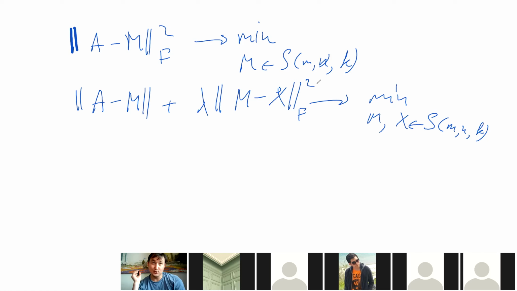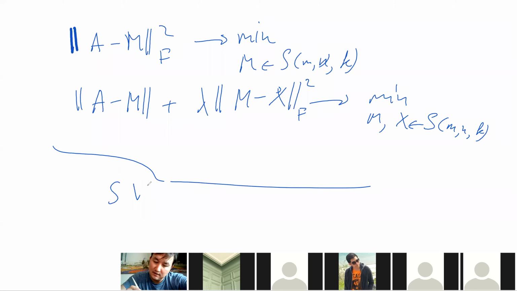But if you just do it and apply the alternating scheme to that problem, there are many local minima to which you can converge. Roughly speaking, the minimum that corresponds to the solution of classical PCA will always be one of those local minima. So this SVD truncated at K terms will always be among the solutions of this problem.